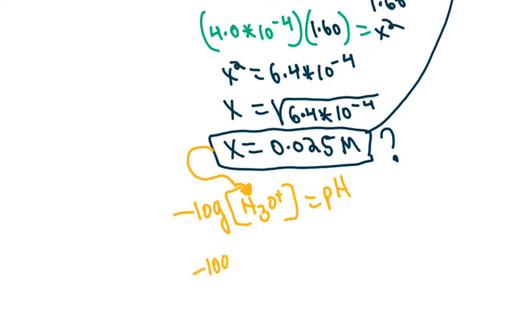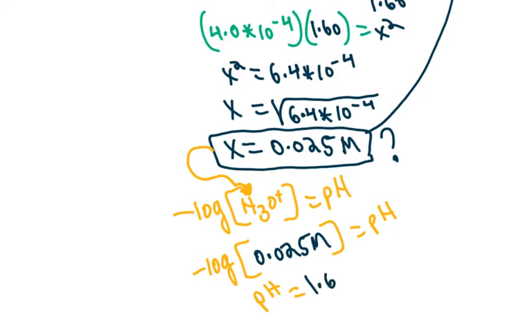So the negative log of our hydronium concentration, which is 0.025 molarity, is equal to our pH. If you do that, you get the pH equals around 1.6. So our pH is around 1.6.